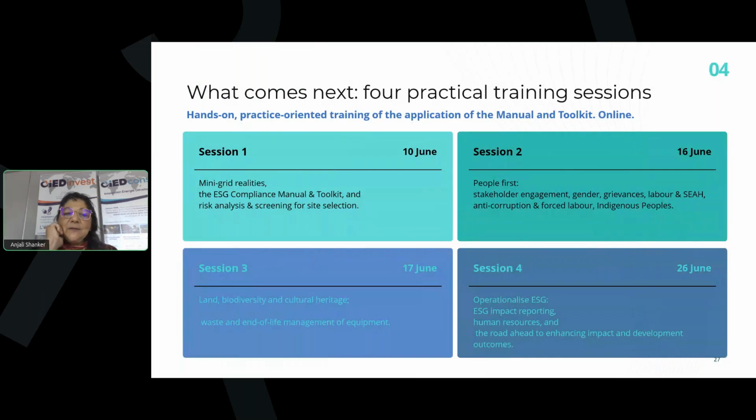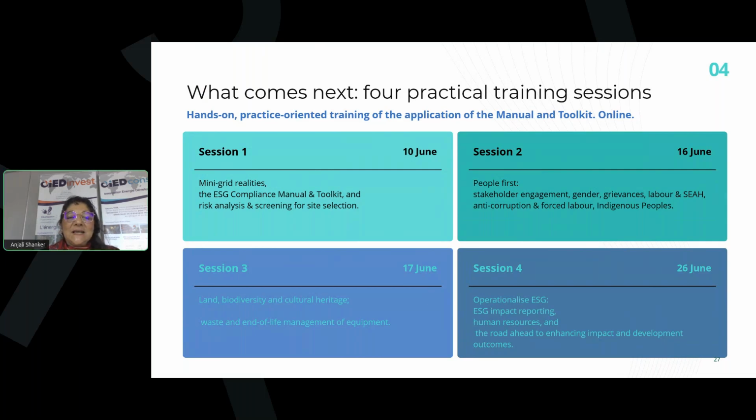In discussing with the ARE, African Development Bank, and the IFC, the idea now was to organize these training sessions. Unfortunately, we would very much have liked to do them in person, but this is going to be the first test run where we do them online, and hopefully at a later stage they could be done in person in the countries, because training obviously is much more interesting when it is done in person.